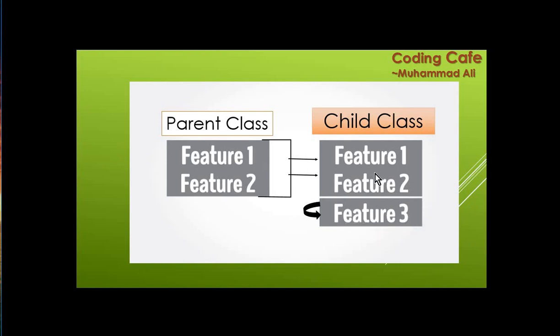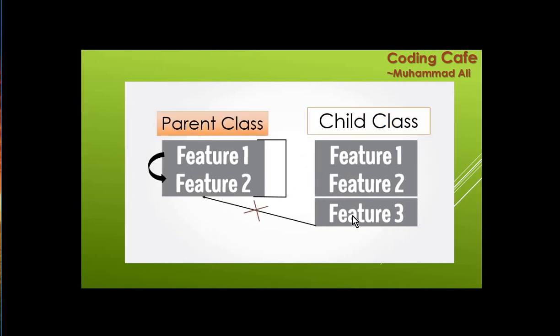So the child can access the features or members of a parent class, and also the child can access its own independent features, or you can say members of its own class. Now the parent class can access its own features, or you can say members, but the parent class cannot access its child features or members.